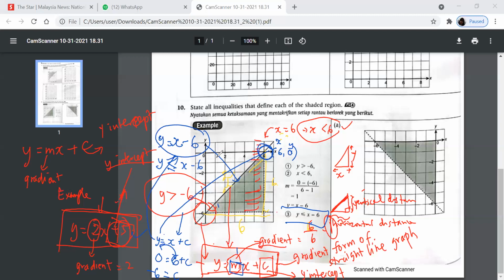Didn't take PT3 means you never go and study back Form 1 and Form 2. Then Form 3 also hardly had any lessons, all online, and you don't know what the teacher taught. So now in Form 4, you have to do back Form 1, 2 and 3, otherwise you cannot answer Form 4. That's why I say no PT3 is actually not good also.